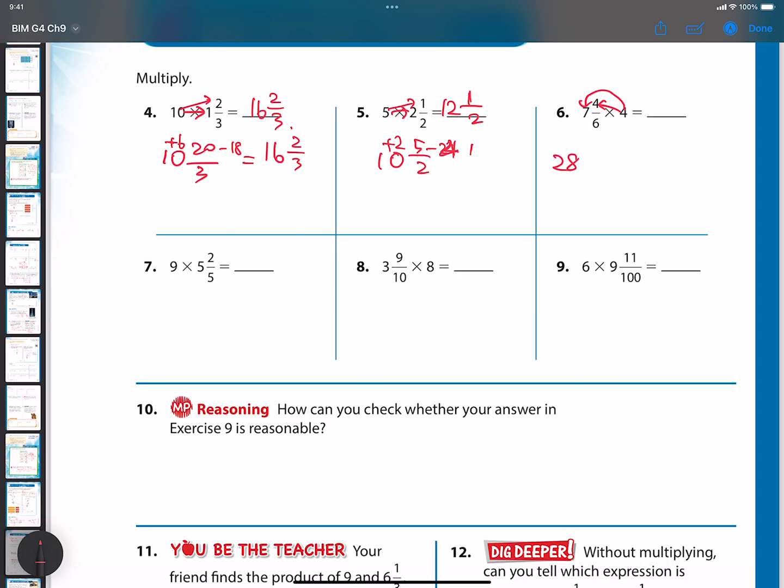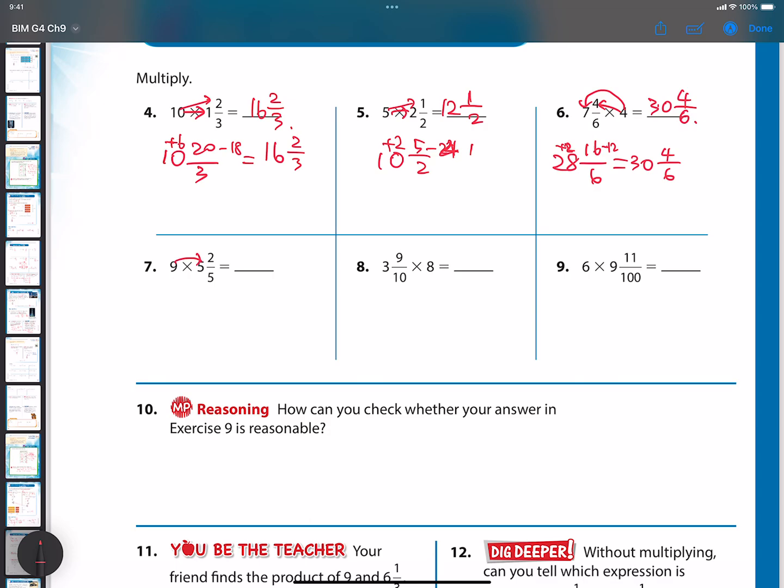And then 4 times 4, 16 over 6. 6 can fit into 16 by only 2 times. So this 28 becomes 30. And I'm going to take away 12 because I already did 6 times 2, which is equal to 12. And 4 is the remainder. So 4 over 6 is my answer. So 30 and 4 over 6.